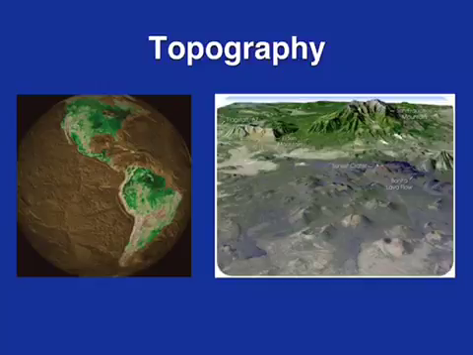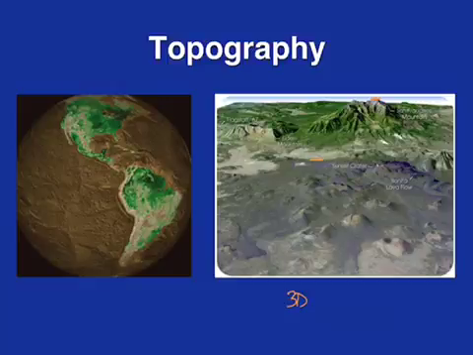When you look at topography, you see it gets mapped a little bit differently. You can actually see in these images, let's start with the one on the right here, the height of these mountains versus down here, which is much lower. It's almost like a three-dimensional map.